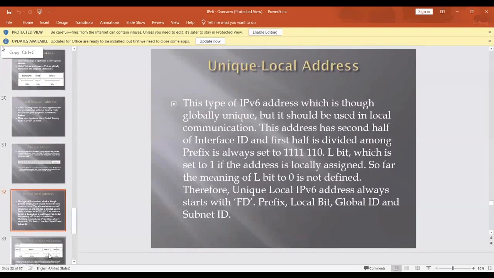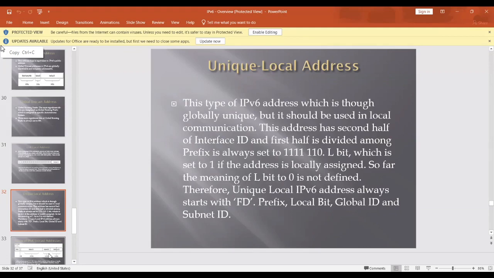And unique local addresses are also unicast addresses. This type of IP version 6 address is globally unique, but it should be used in local communication, so that's why it's called a unique local address. These addresses have an interface ID as the second half, and the first half is divided among the prefix, which is always set to 1111110, and the L bit, which is set to 1 if the address is locally assigned.